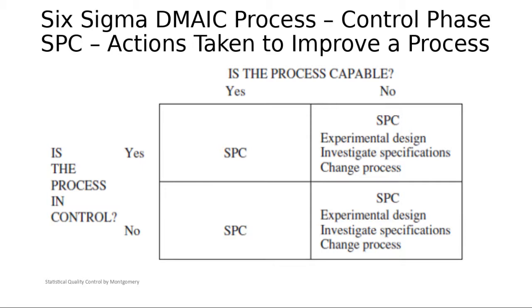So control charts are not used if the process is not capable. If your process is not capable, how am I going to monitor it? Why would I waste the time to monitor it? Not capable means my specification limits and the control limits are not well determined. There is something, as I said, it could be the control limits and the specification limits are aligned to each other.